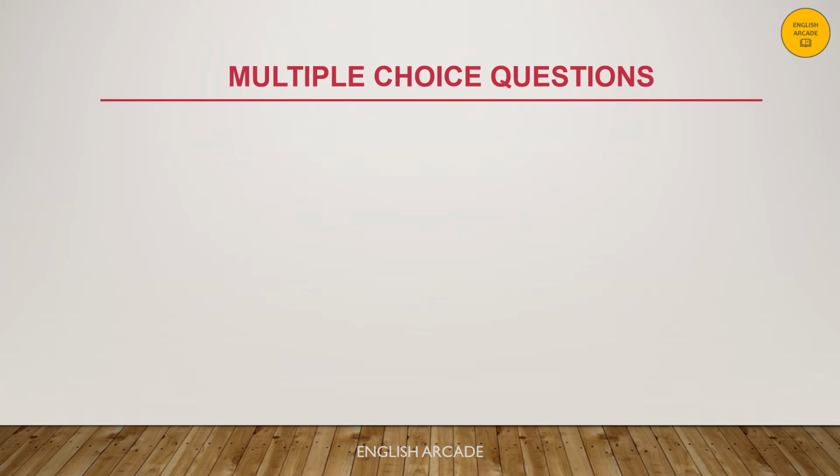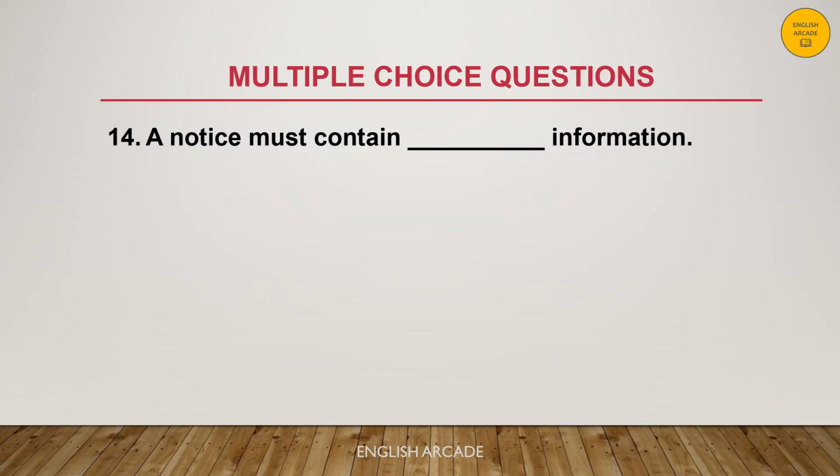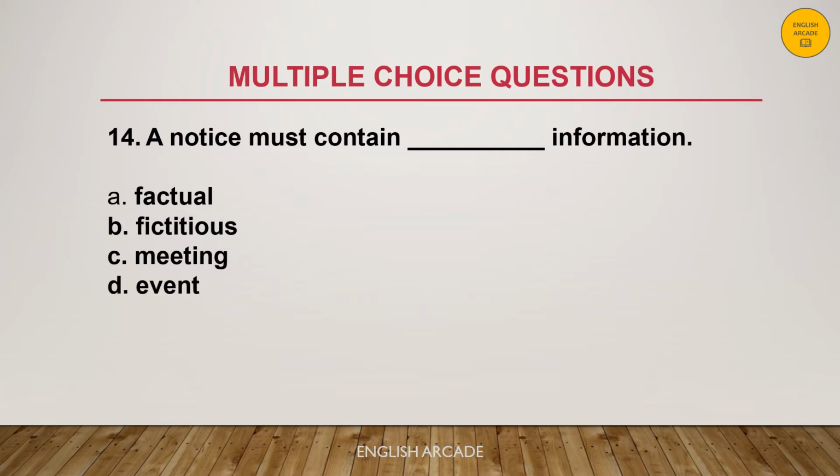Question 14. A notice must contain dash information. So you have to fill in the blank from one of the options given here. A. Factual. B. Fictitious. C. Meeting. And D. Event. So the correct answer is A. Factual.